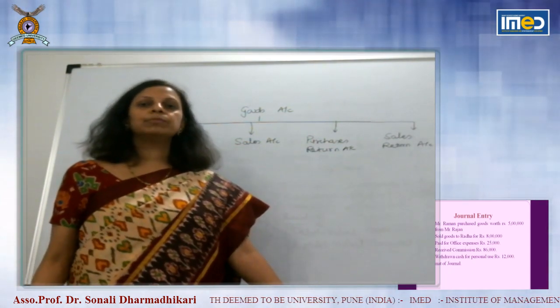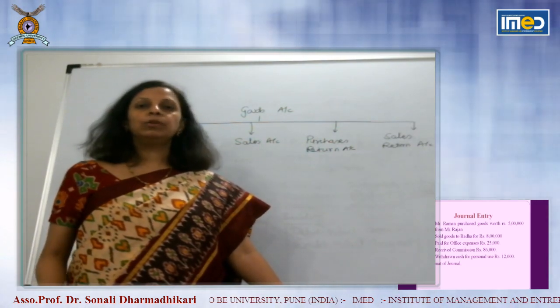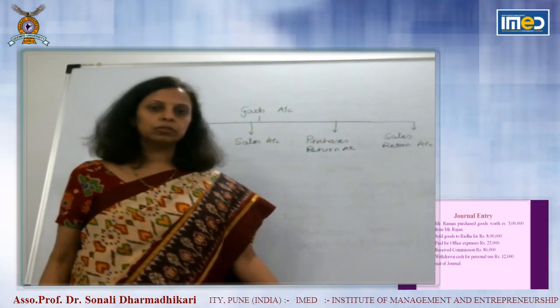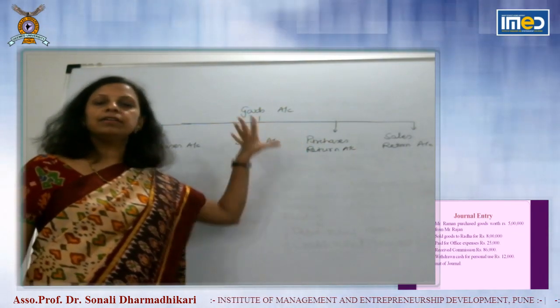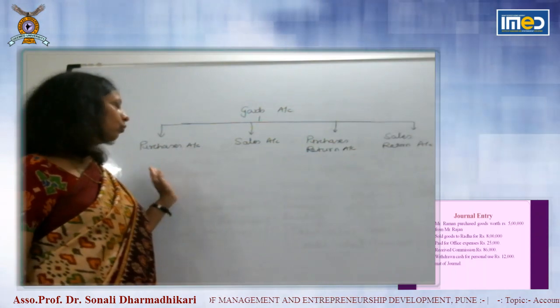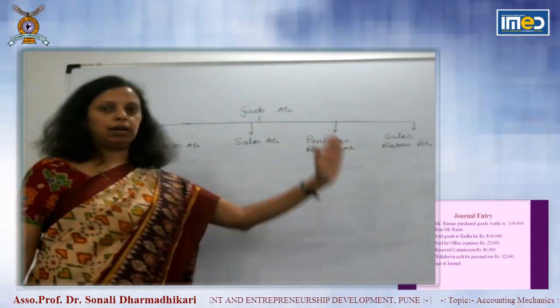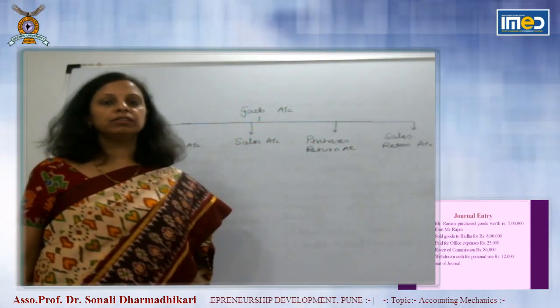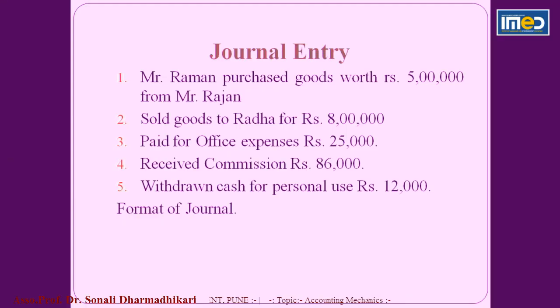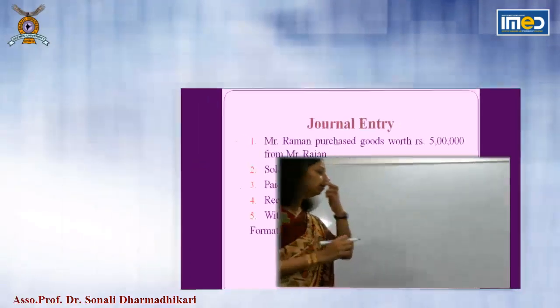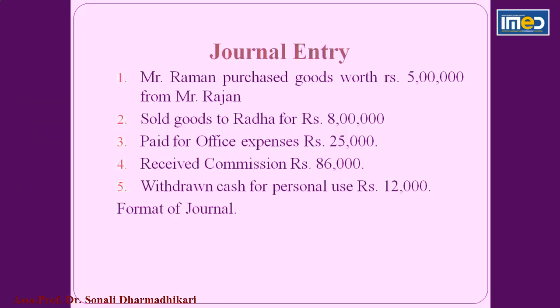It may not be as per quality, quantity, or requirement. So all these are briefly described under goods account, and henceforth we will use these four accounts while passing journal entries. Now we will take one more example. Sold goods to Radha for rupees 8 lakh.